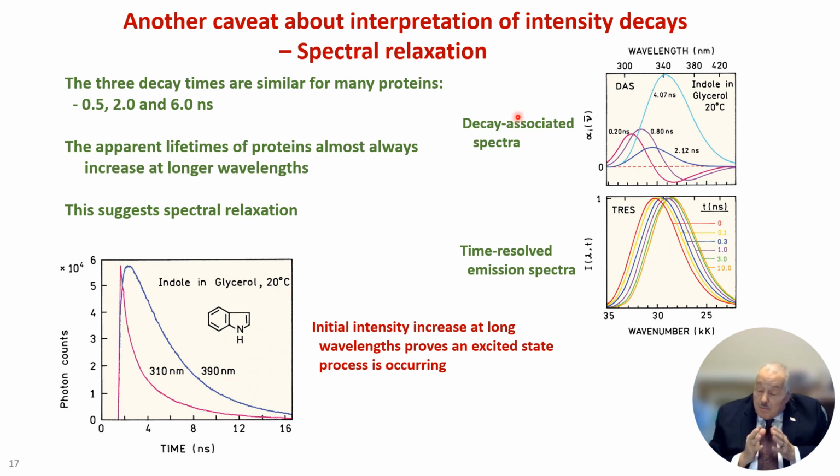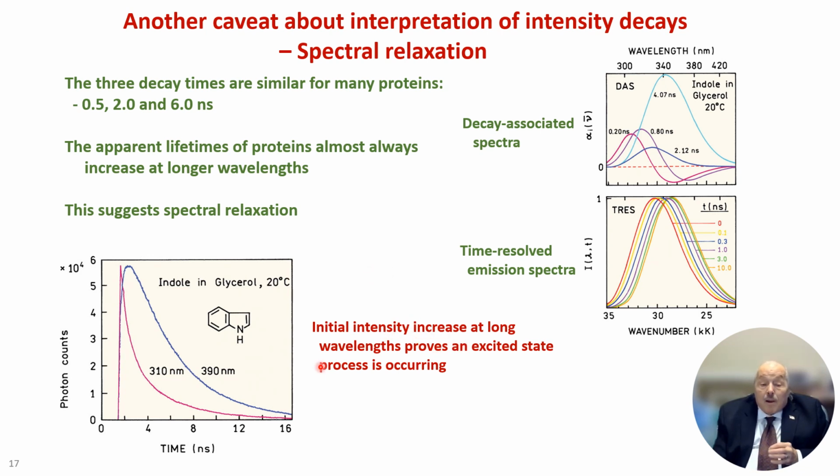Remember when we were talking about solvent effects, and then we went on to the topic of spectral relaxation, where the fluorophore would go to the excited state, and over a period of time, the solvent would reorient around the excited state, and it would relax slowly to a longer wavelength emitting state. So there really was no single spectrum that you could associate with that.